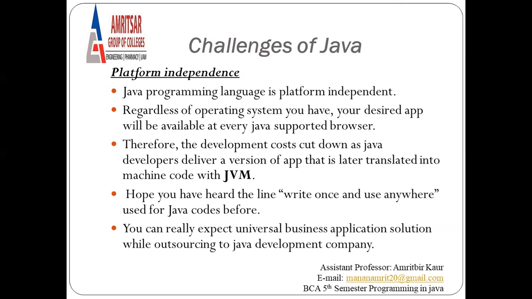So we can write and compile our program on one machine and run it on another machine because of the JVM and bytecode. So you can really expect a universal business application solution while outsourcing to a Java development company. When a web application is developed in Java, it will be accepted universally because it can run on any platform.